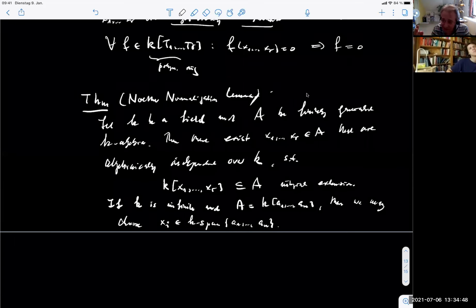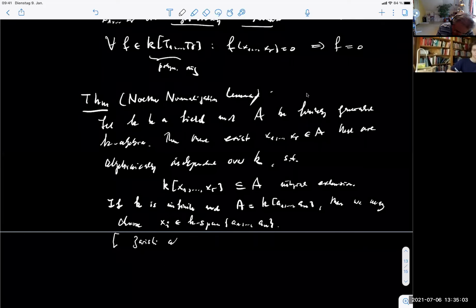I want to say almost all linear combinations of A1 up to AN are good. So I put in parentheses, Zariski, whatever this means, for those who know: Zariski almost all K-linear combinations of the generators are suitable.